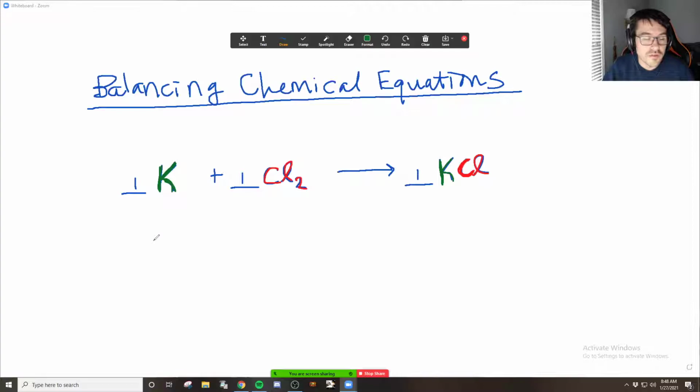What I'm going to do then is draw what this would look like. Okay, so like in real life. So here is my potassium atom. I'm just going to label it with a K. Okay. Then I have my diatomic chlorine, my 2 chlorine atoms that are covalently bonded together, but I'm just going to draw them like this for right now. Okay, so that is 1 Cl2.